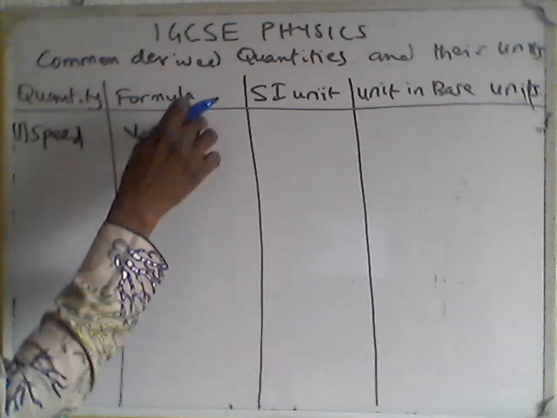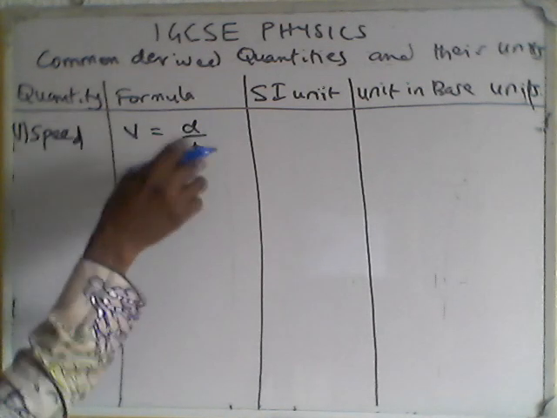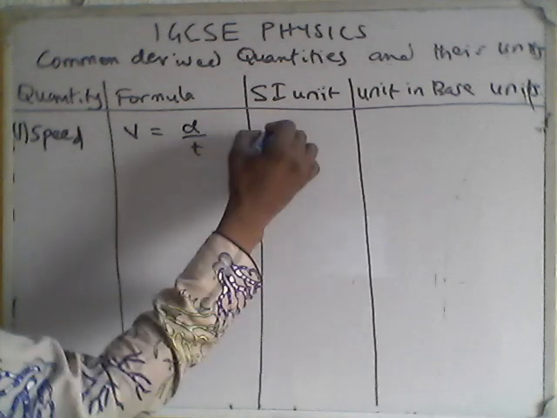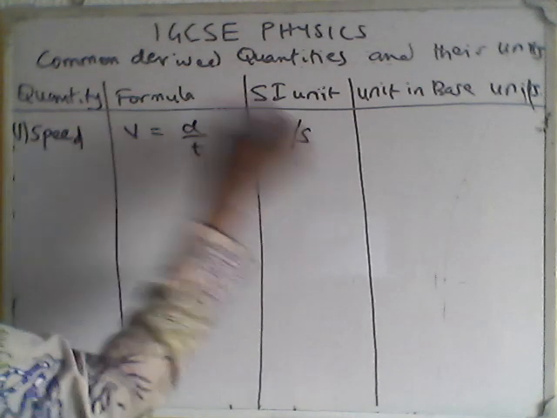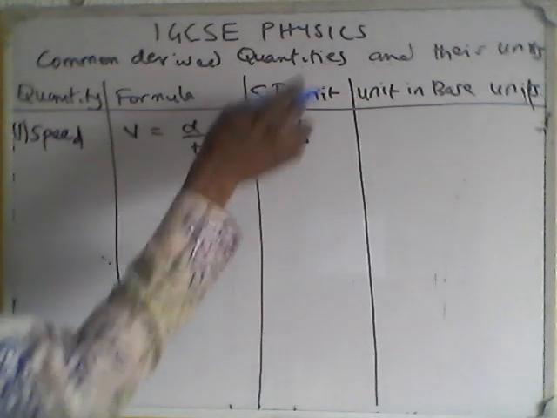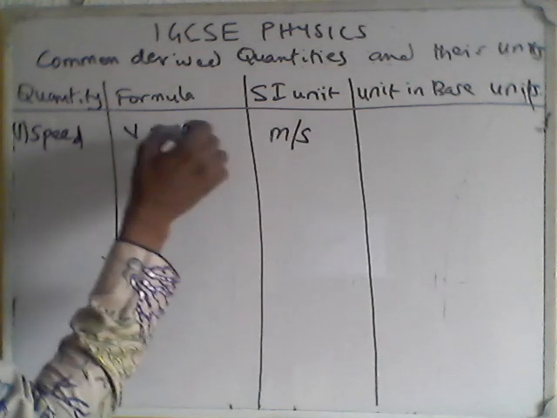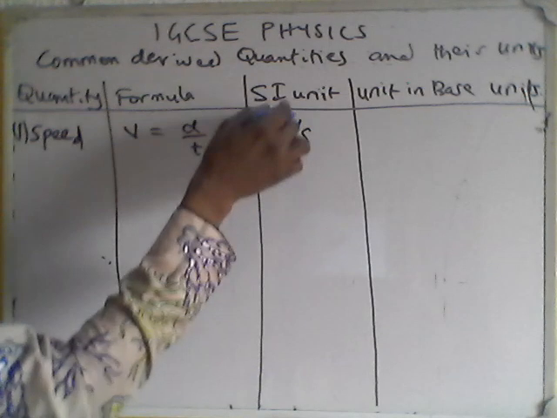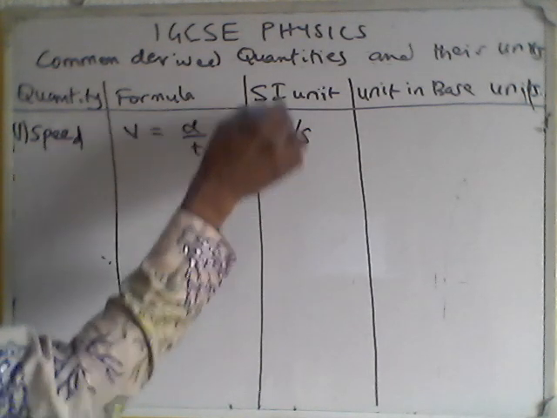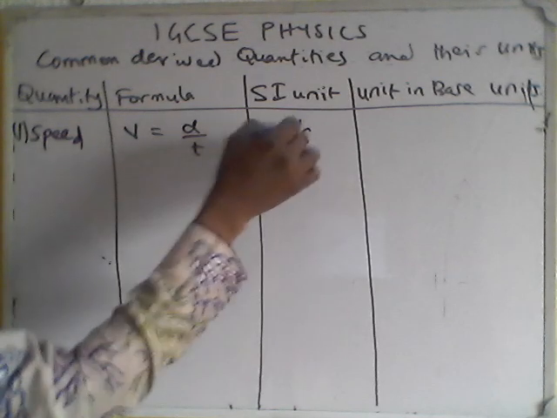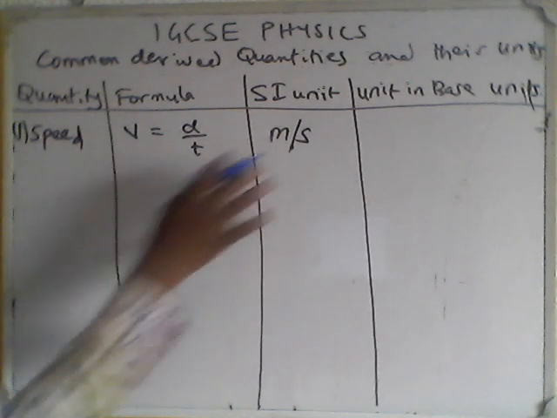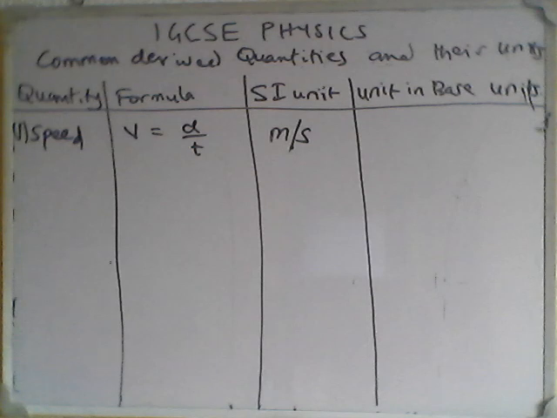The SI unit is the combination of the 2 of them, m and s. M/s means that m is the numerator, that is length, and this is the division operator, and s under is the time. So this is the SI unit for speed.